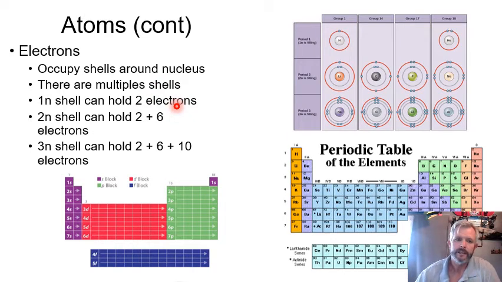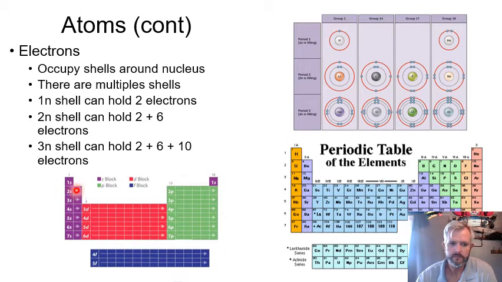In each of these periods going across, they can contain multiple orbitals. You can see here s orbitals. How many electrons does it look like the s orbital holds? 1s contains 2 electrons.